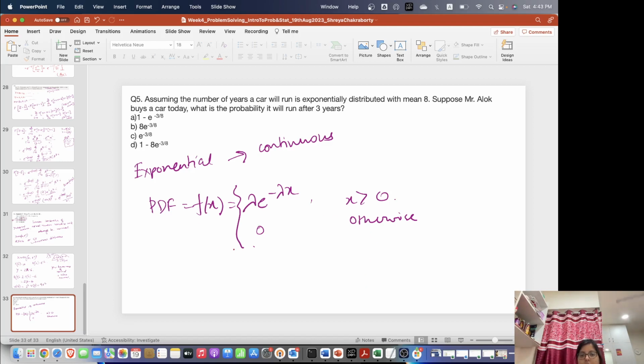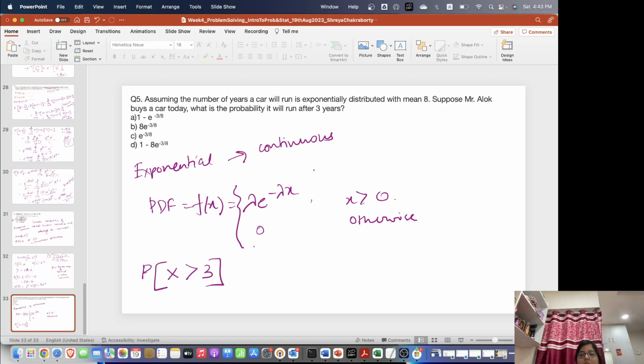Okay, this is the PDF of an exponential distribution. Now we have to find the probability it will run after 3 years. So we have to find the probability x is greater than 3.